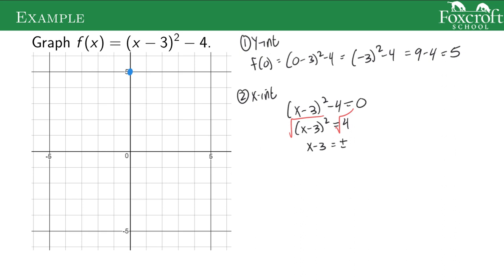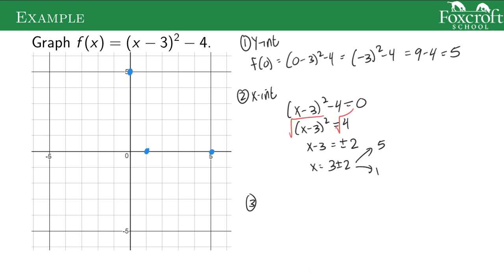And don't forget the plus or minus whenever you do a square root. And then I have to add 3 to both sides. Again, that plus or minus just means there are 2 different answers, so I can do 3 plus 2, that's 5. 3 minus 2 is 1. So those are going to go on my graph as well. I have an x-intercept at 1 and an x-intercept at 5.